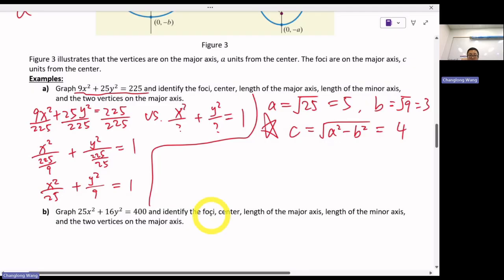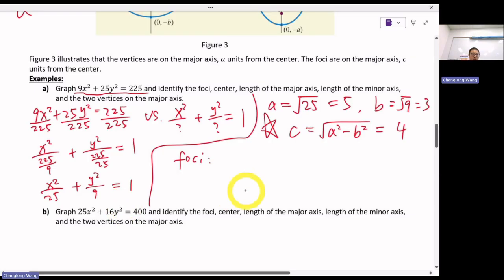So now what else do we need? We need the foci, right? The vertices. So let's look at the foci. Is that ellipse a horizontally stretched or a vertically stretched ellipse? It's a horizontal, right? Because you have 25, which is a bigger number underneath the x squared.